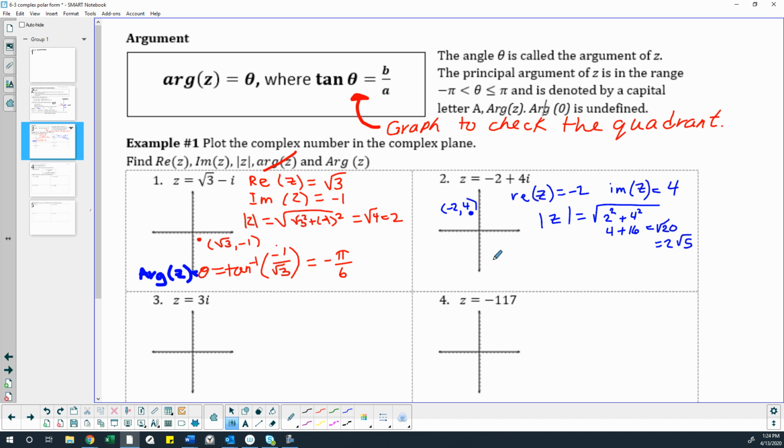And then to find our argument of z, we're going to find the inverse tangent of 4 over -2, which is the inverse tangent of -2.